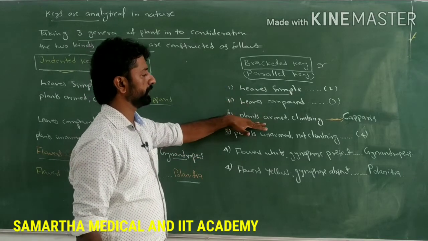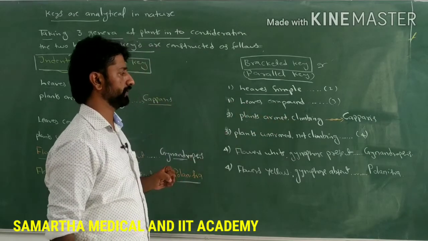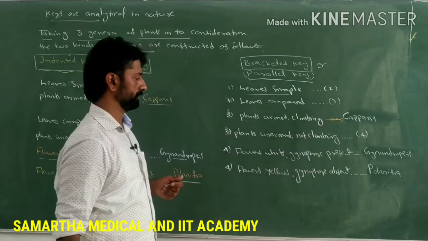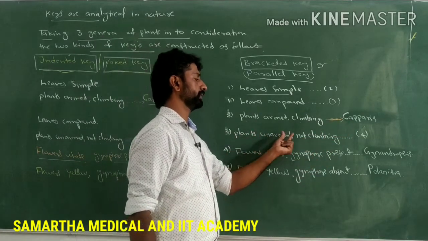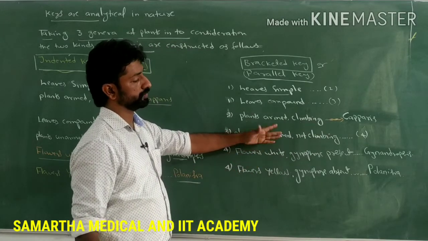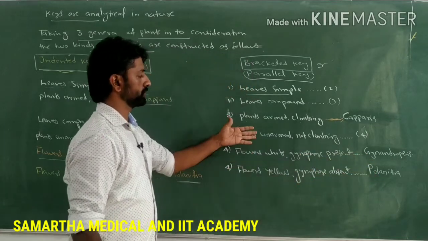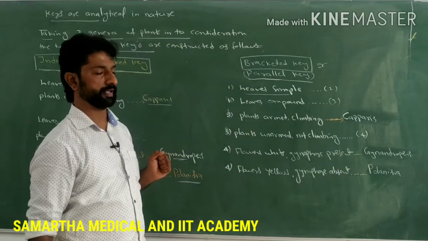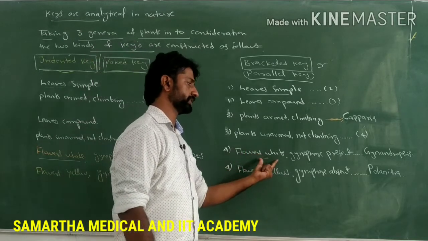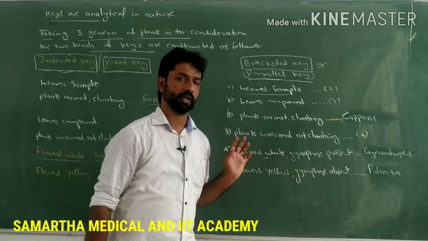If plants are armed and climbing, then that belongs to Capparis. Plants unarmed, not climbing means such a character is present for two different genera, Gynandropsis and Polanisia. So it requires another piece of information, the nature of the flowers: whether flowers are white with gynophore present or yellow without gynophore.